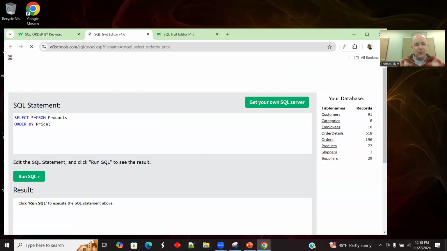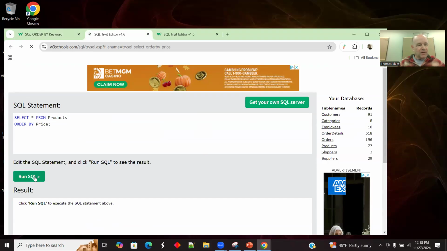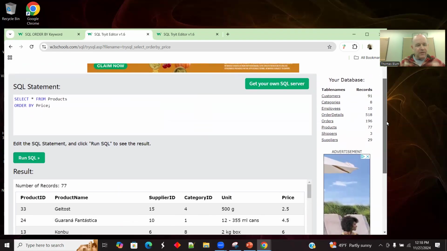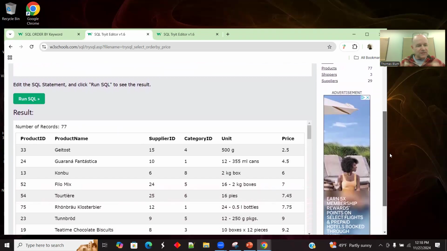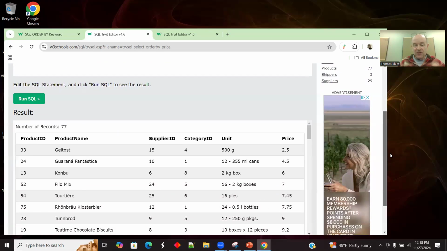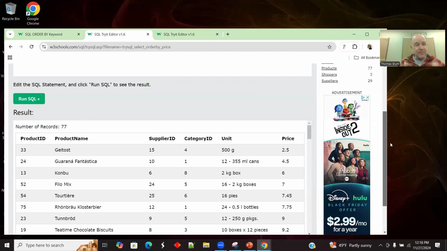And so we're going to sort the products and order them by price. And so then the first product was product 33, which is 2.5, 250. And then the next one was 24, which is 450. So this is ascending.